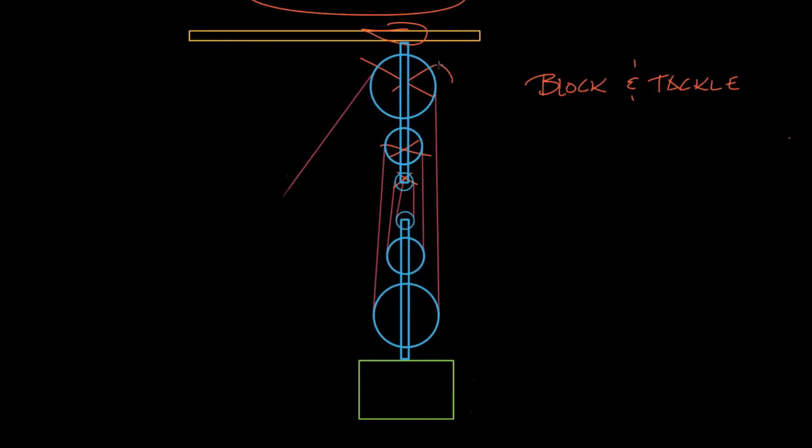So they will rotate, but they're not going to move up and down. These pulleys, because they're connected to the load, have to move up and down in order for us to raise the load. So there's 1, 2, 3 movable pulleys. So that means that we have 1, 2, 3, 4, 5, 6 strands.